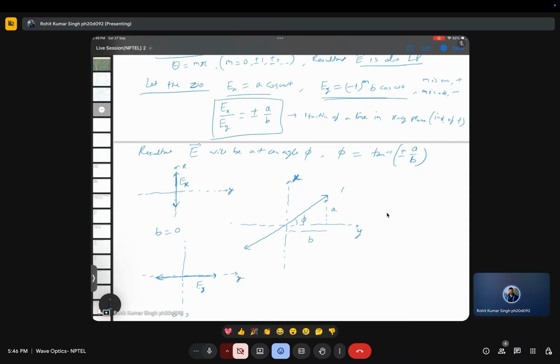So this is when theta equal to 0 and let's say B is equal to 2A or something.